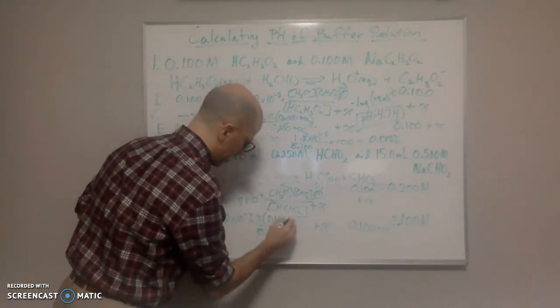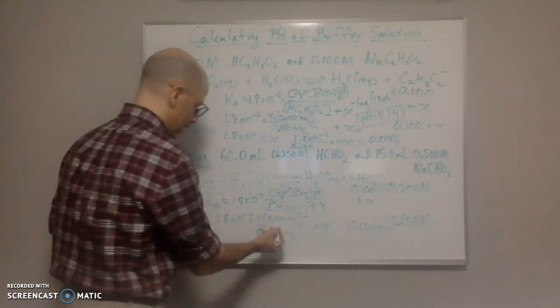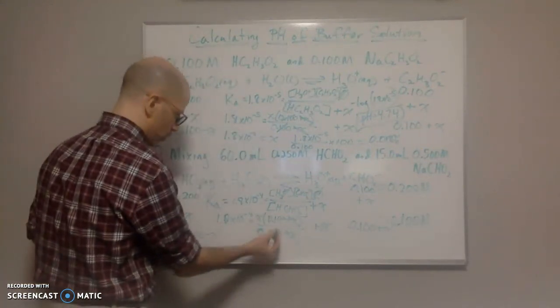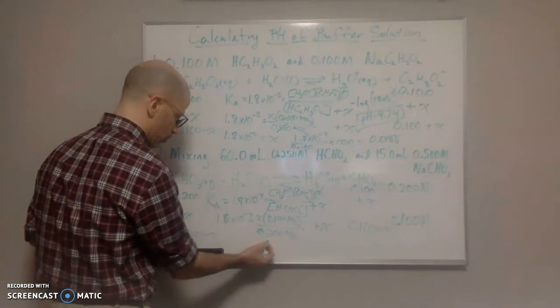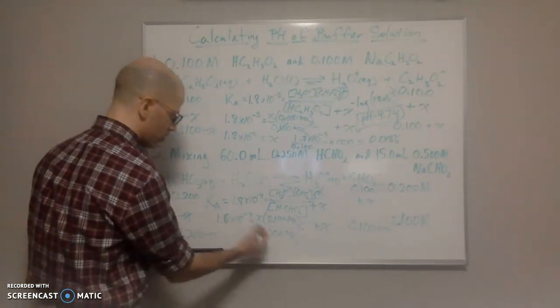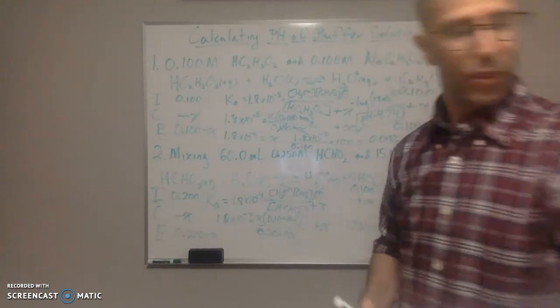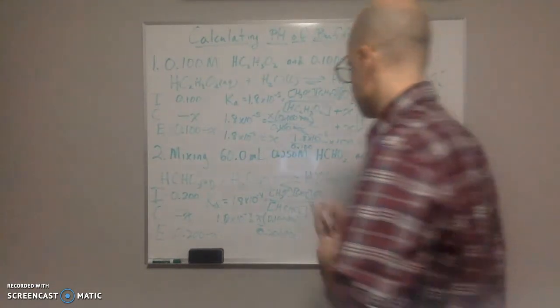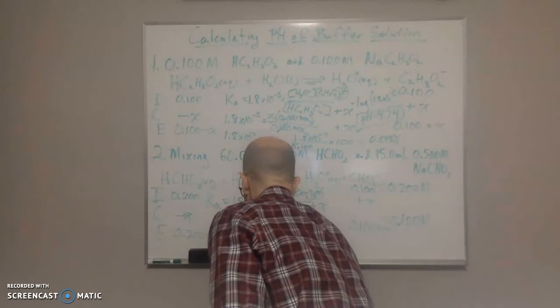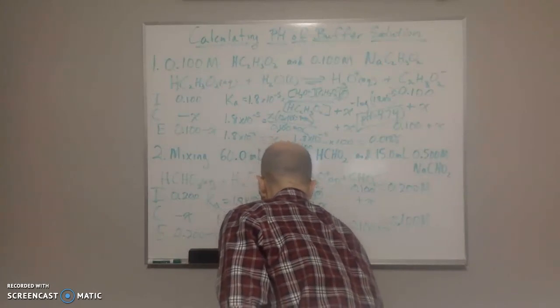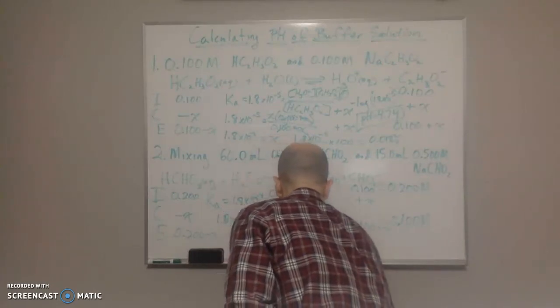You do that, get rid of the X, and then you've got 0.100 divided by 0.200, and then you can solve for X. And you get 3.6 times 10 to the negative 4. So X is equal to 3.6 times 10 to the negative 4.